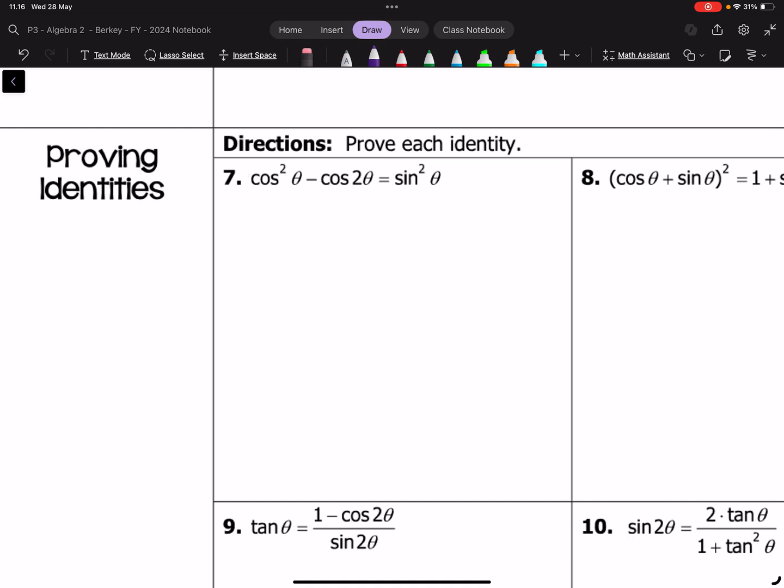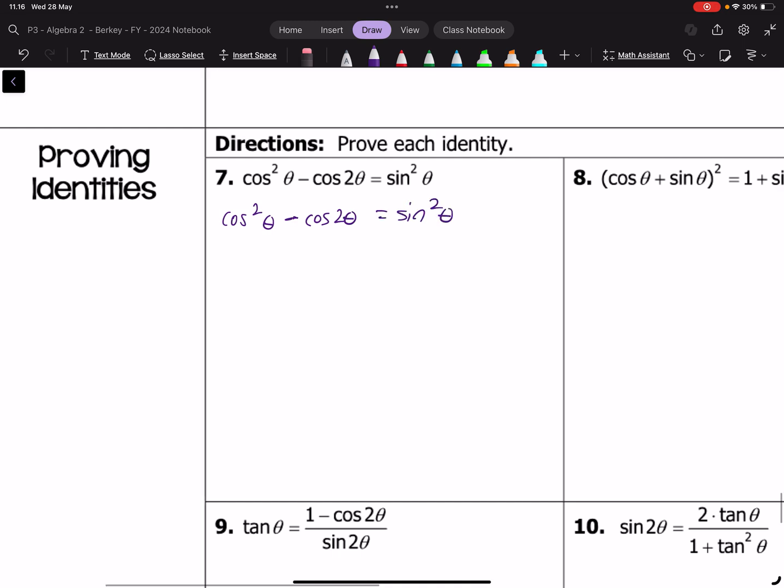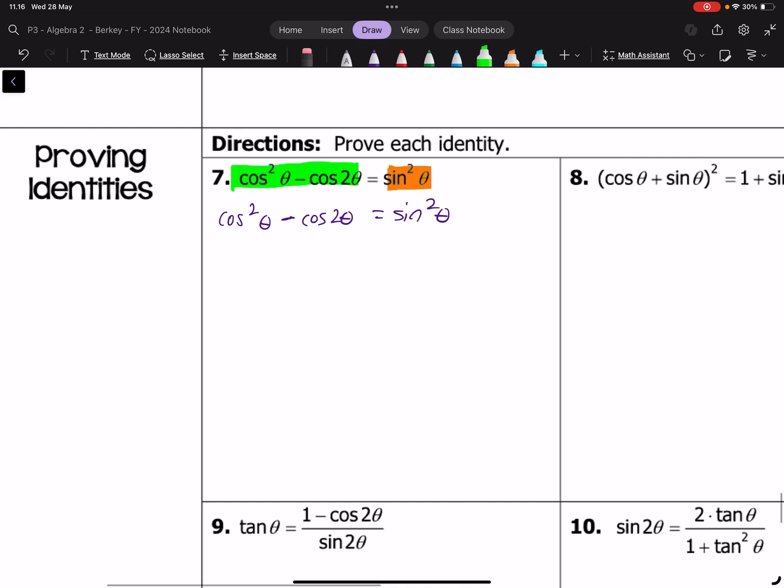Now, one thing I want to say is, please don't write this. This should not be in your proof, right? Why should that not be in your proof? I'm asking you to prove that this green is equal to the orange. As soon as you write this in your proof, this is equal to this, that's like saying, all right, Mr. Josh, here, I'm just going to write down what you told me to write down.